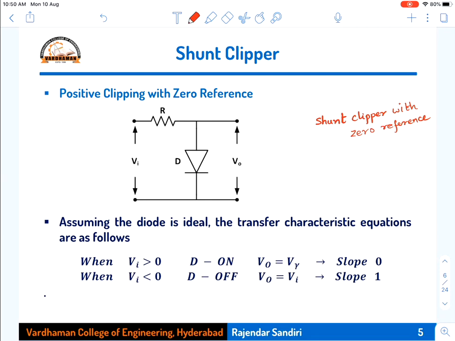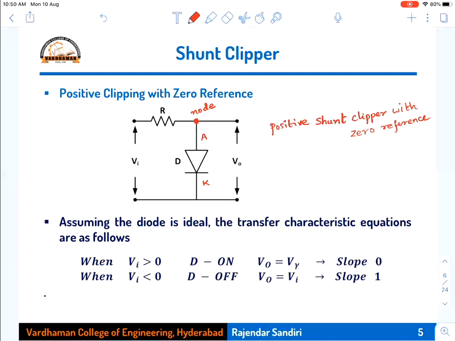Now, we have to see this node where the diode is connected. This node is very, very important. Is that node connected with the anode terminal or the cathode terminal? This node is connected with the anode, and the other side is the cathode. Therefore, I can name this a positive shunt clipper with zero reference.